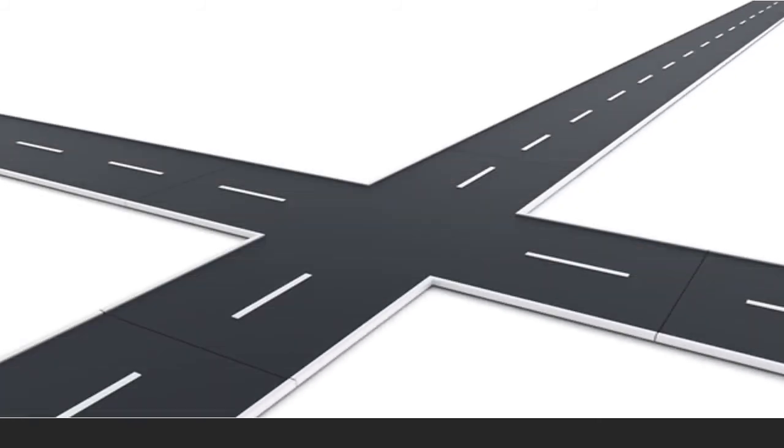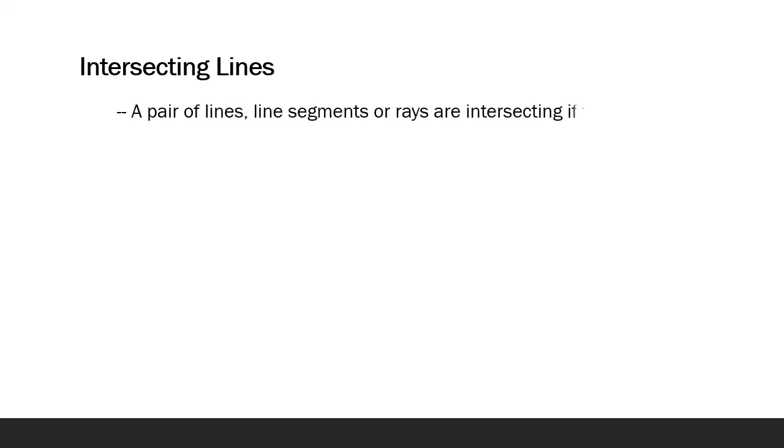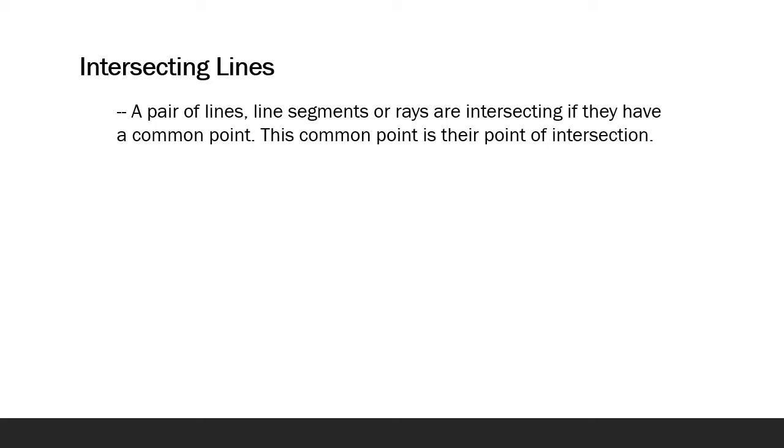Okay. So what do you see in the picture? This is a very common picture. You can see the intersection in the road. In geometry, we also use that idea, and we call them intersecting lines. A pair of lines, line segments or rays are intersecting if they have a common point.